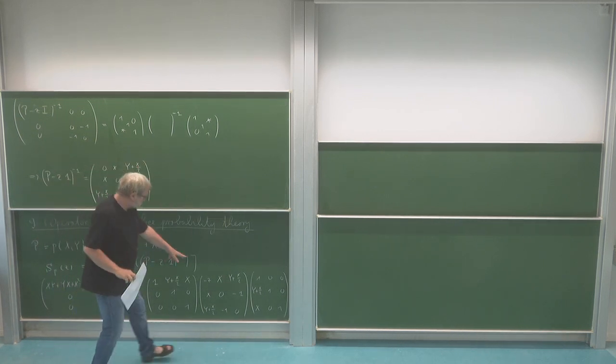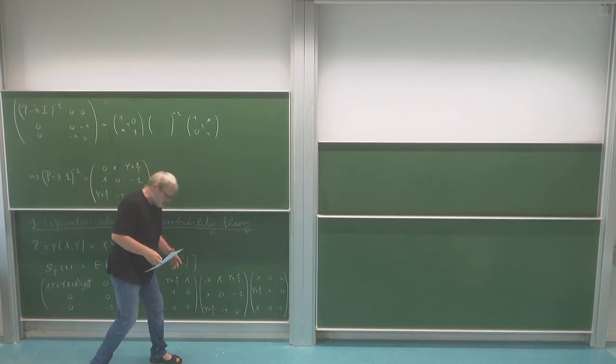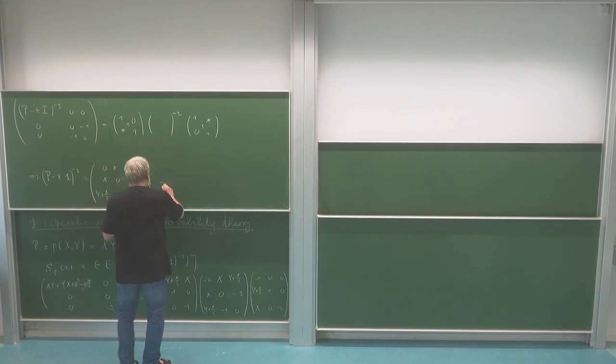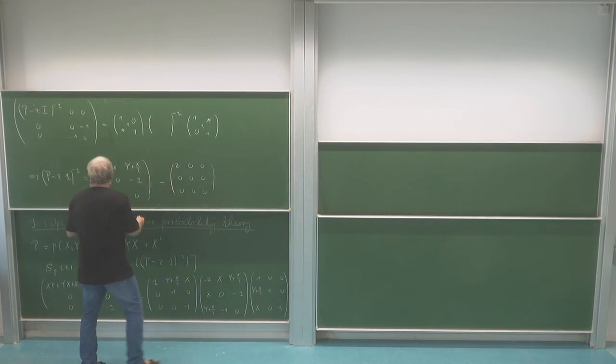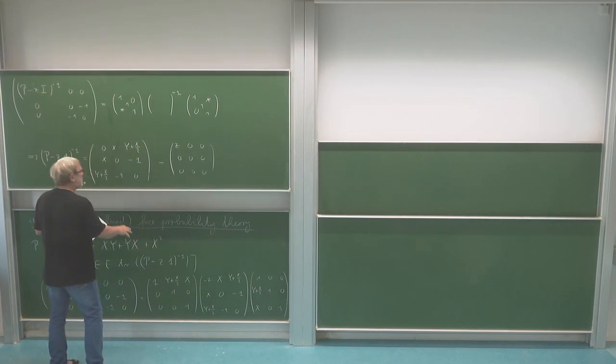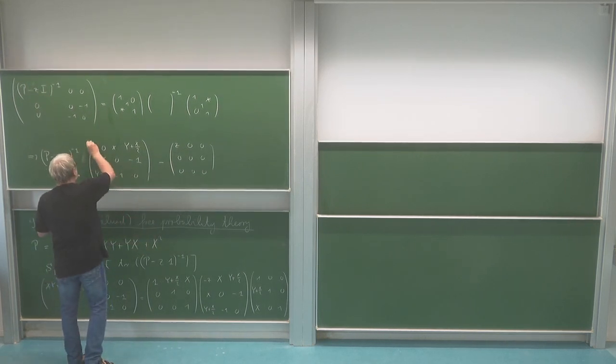So that's this matrix with the exception of this minus z. And this minus z I'm writing here in an extra matrix: z, 0, 0, 0, 0, 0, 0, 0, 0. Okay, and then I have to take the inverse of this.